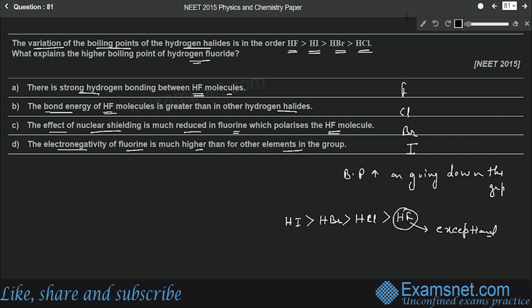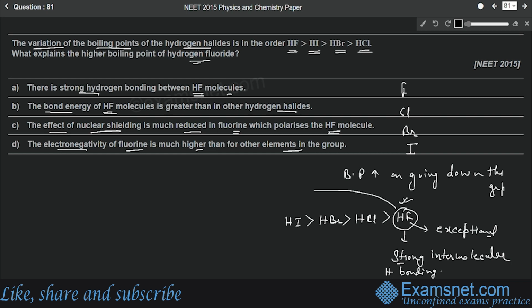The reason is that due to the high electronegativity of fluorine, hydrogen fluoride forms strong intermolecular hydrogen bonding. There is very strong intermolecular hydrogen bonding. So this is the reason why the boiling point of hydrogen fluoride will be maximum among all the other hydrogen halides.